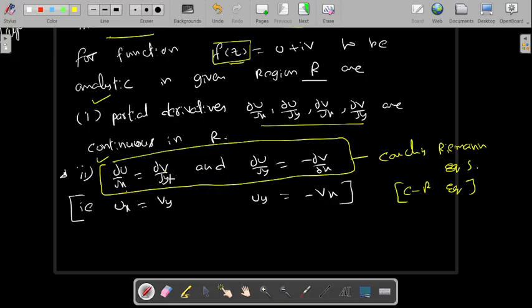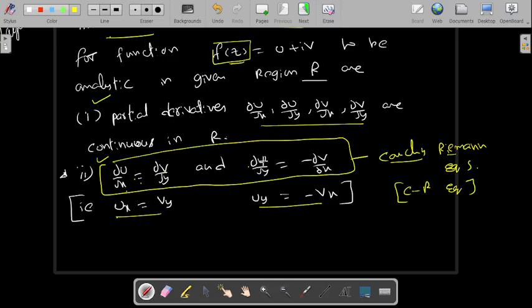These equations, ∂u/∂x equal to ∂v/∂y, ∂u/∂y equal to minus ∂v/∂x, are called Cauchy-Riemann equations. Another way, we can write ∂u/∂x as ux, ∂v/∂y as vy. So this is easy to remember: ux equal to vy, next uy equal to minus vx.